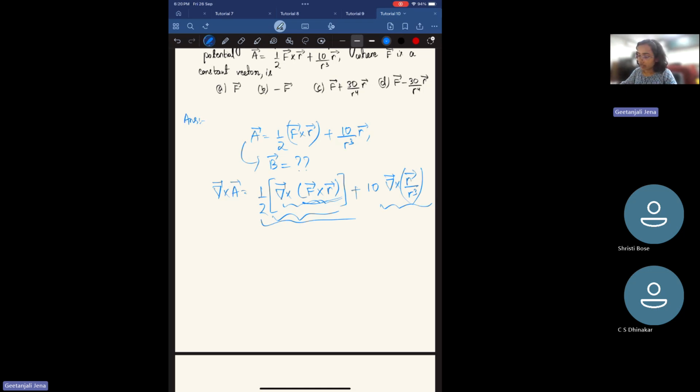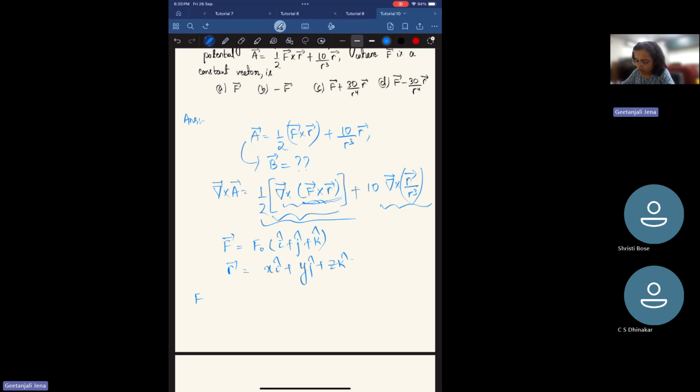It's given F is a constant vector. So that means in the Cartesian coordinate, you can write it as, let's say, some constant F0 times (i-hat plus j-hat plus k-hat). The position vector, you can write it as x i-hat plus y j-hat plus z k-hat.